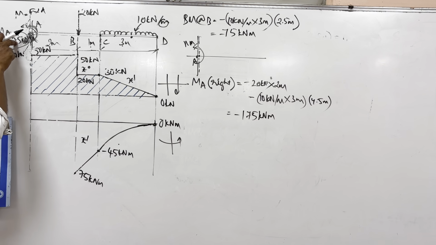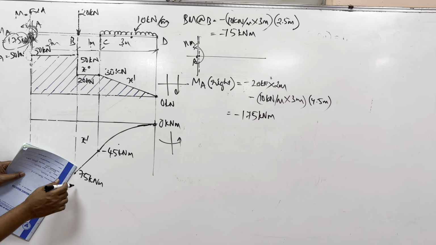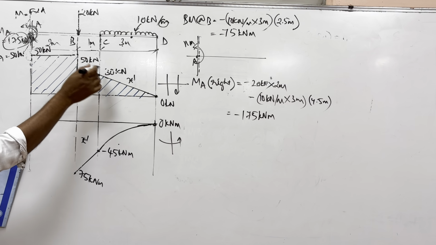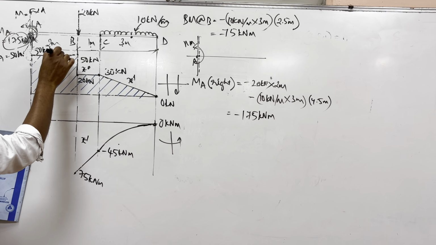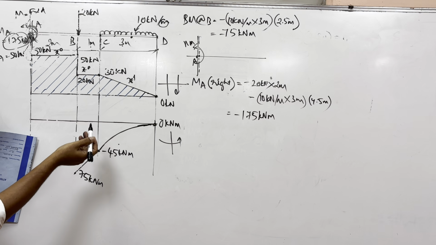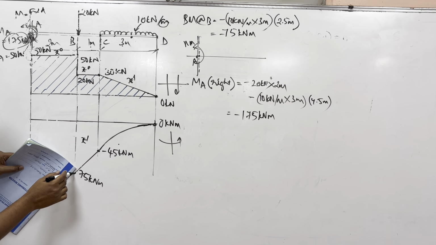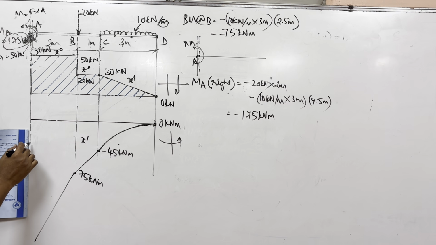I think people just use this value and just put it. Here it is x to the power of 1, here it is x to the power of 0, which is a flat line. So here it has to be a straight line. It goes from 75 to 175 like this.